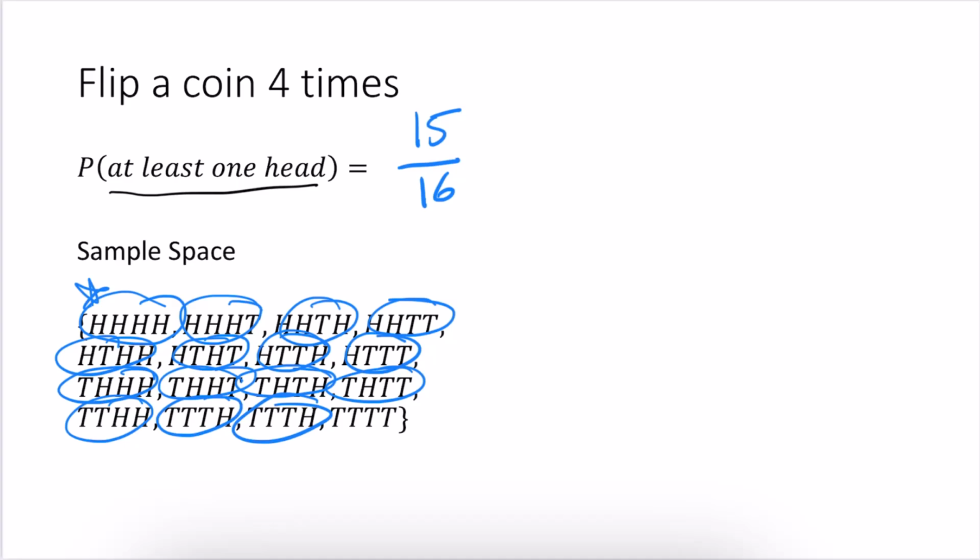There's no other option. And so that means that getting all tails is the opposite of getting at least one head. And so we could say the probability of at least one head is equal to 1 minus the probability of all tails.